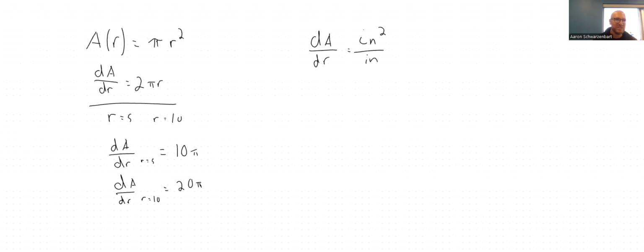You cannot call that inches, because it's the rate of how fast the square inches are increasing for every inch of radius. A little bit bizarre, isn't it, that that unit does not simplify out? That's a little different than we've been doing.